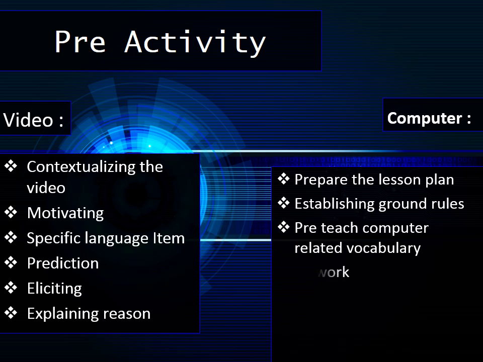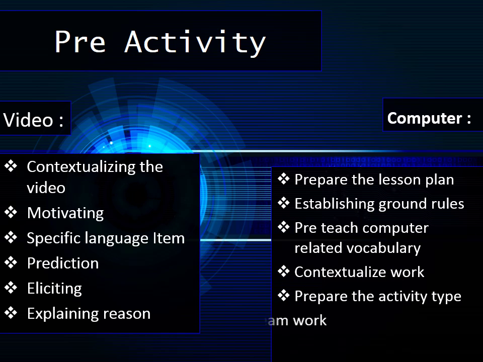The first is contextualizing the video, the second motivating, and then specific language item, prediction, eliciting, and the last is explaining reason. In computers, there are several activities. The first is preparing the lesson plan, establishing ground rules, pre-teaching computer-related vocabulary, contextualizing work, preparing the activity types, teamwork, and telling the aims of the study.